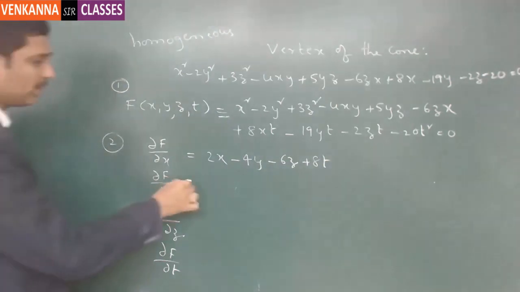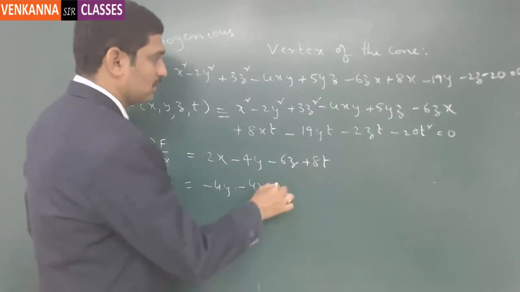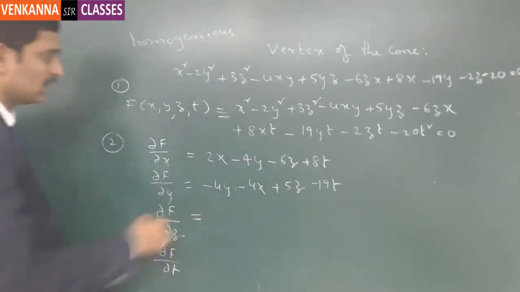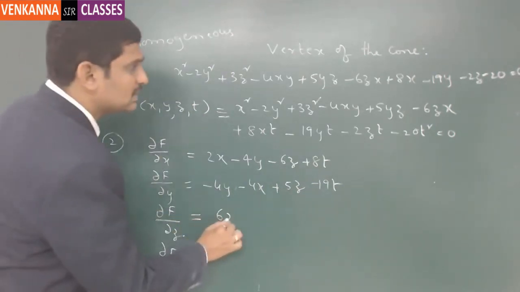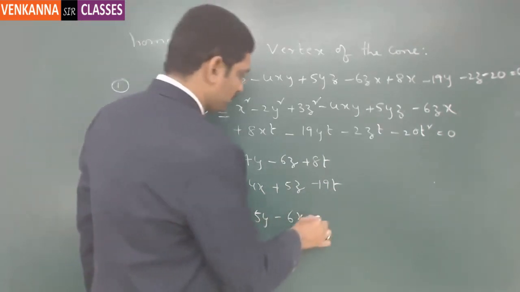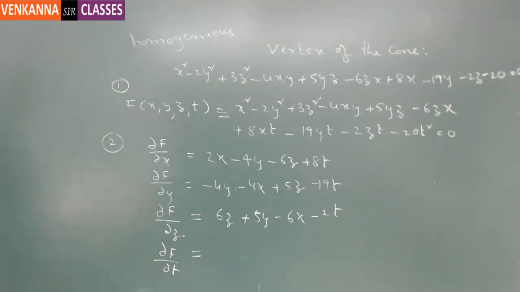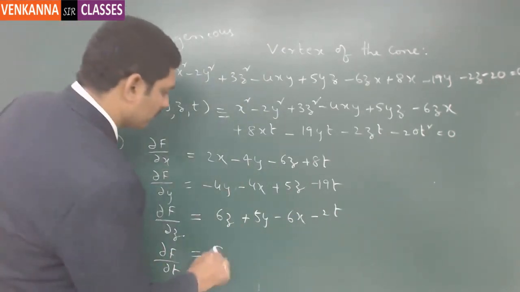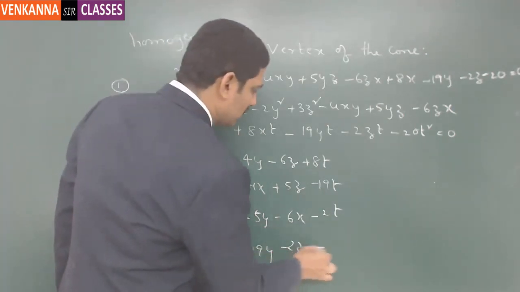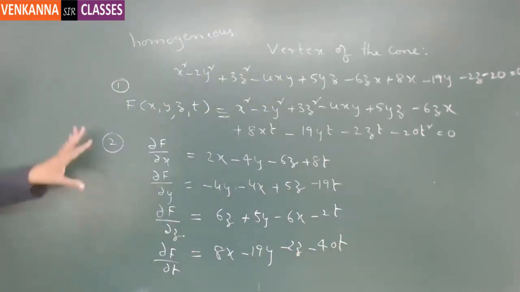With respect to y, minus 4y minus 4x plus 5z minus 19t. With respect to z, 6z plus 5y minus 6x minus 2t. And with respect to t, it will be 8x minus 19y minus 2z minus 40t. Are you clear with these values?